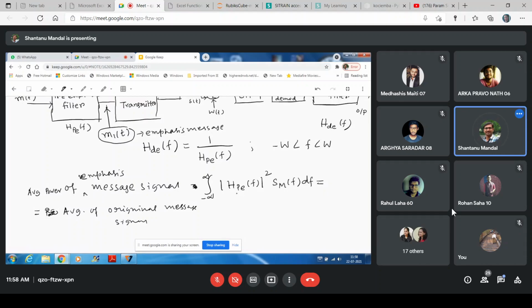That is, the integral of mod H of P F squared S M F df equals the integral from minus infinity to plus infinity of S M F df. Okay, so the average power of the pre-emphasized message signal is equal to the average power of the original message signal.